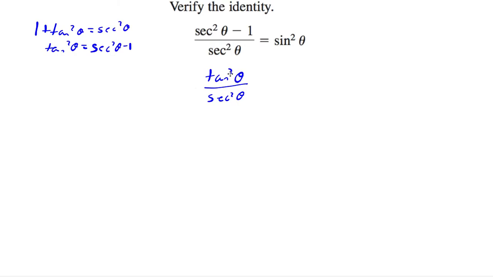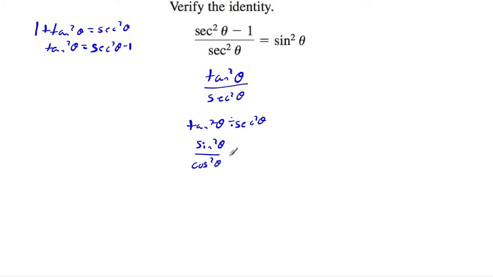Now I'm going to spread this out. I'm going to write this as division. So we could actually say tangent squared of theta divided by secant squared of theta. And so tangent squared of theta, that we can write as sine squared of theta over cosine squared of theta.